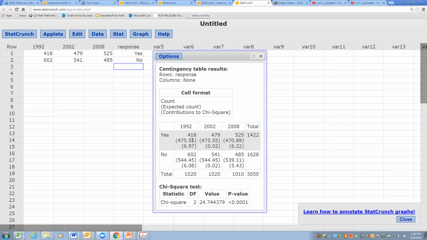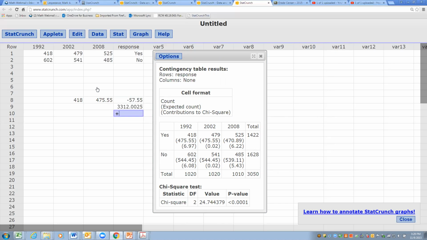If I square that quantity and then divide by the expected count, so if I take 418 and 475.55 and subtract those, 418 minus 475.55 is minus 57.55. If I square that, I get 3312.0025.